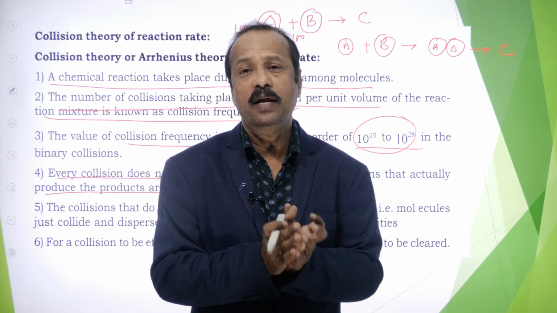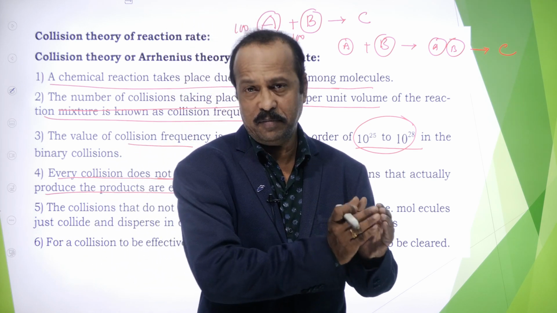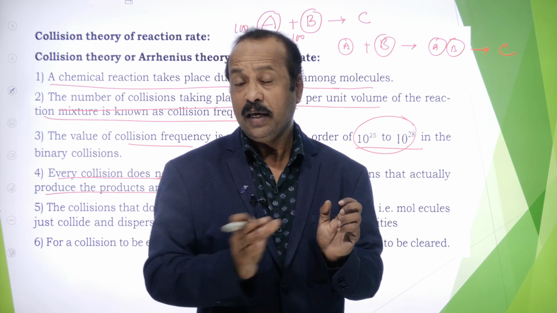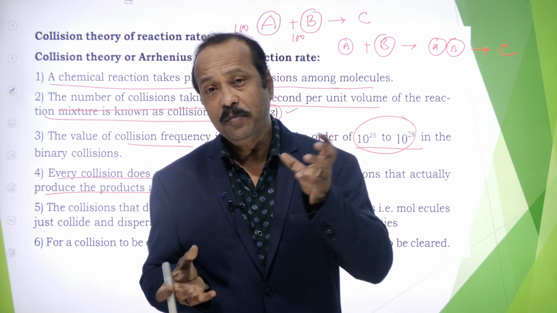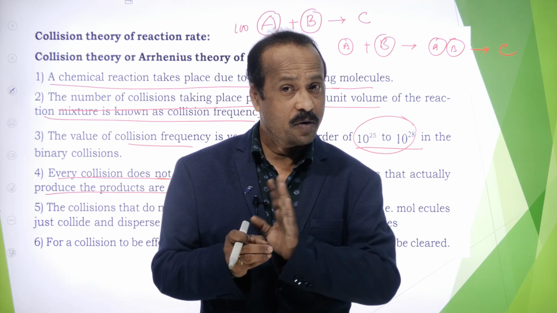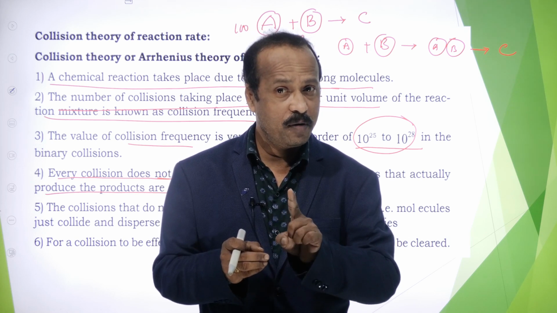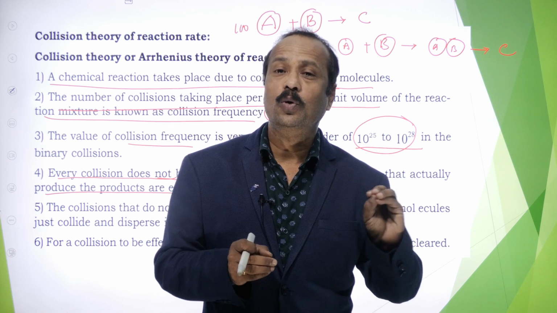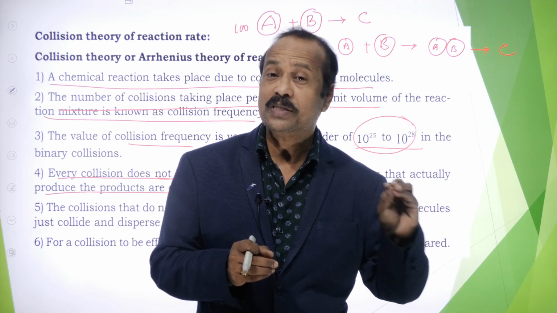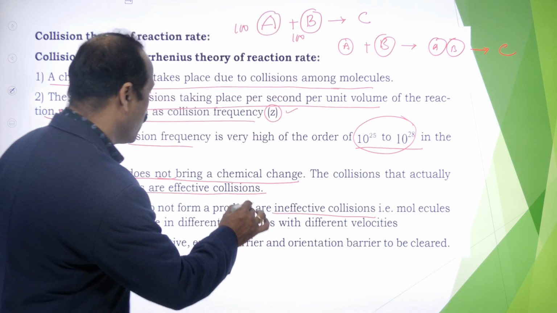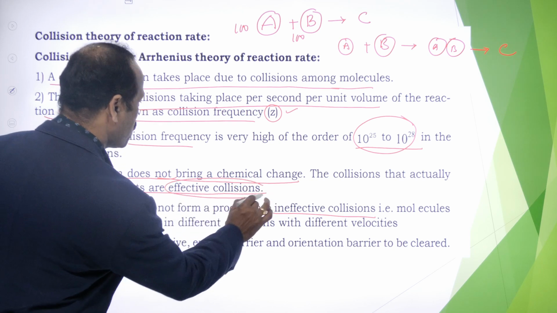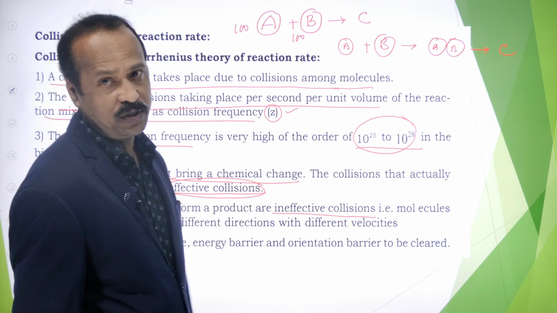So maybe 10 or 20 C molecules are forming. Only 10 or 20 C molecules are forming, not 100. So such collisions are called effective collisions.